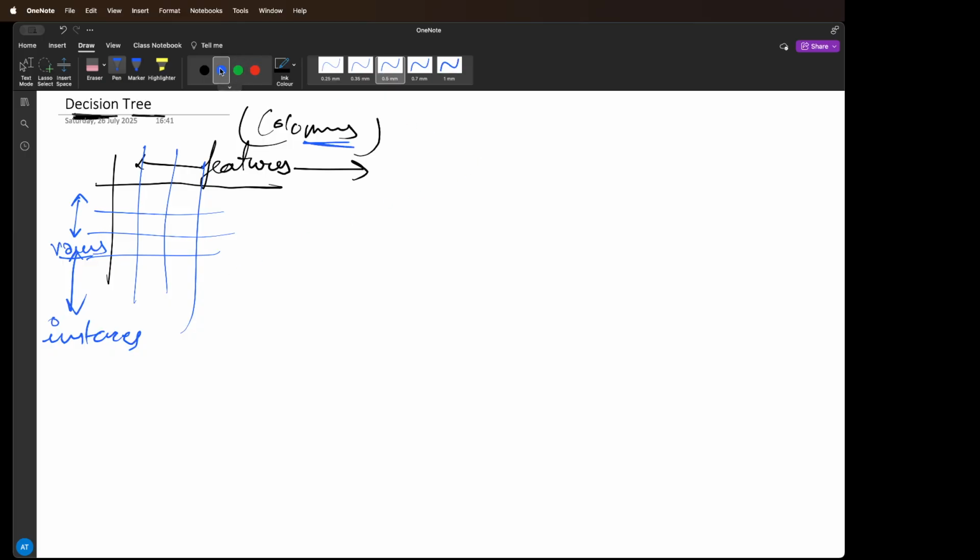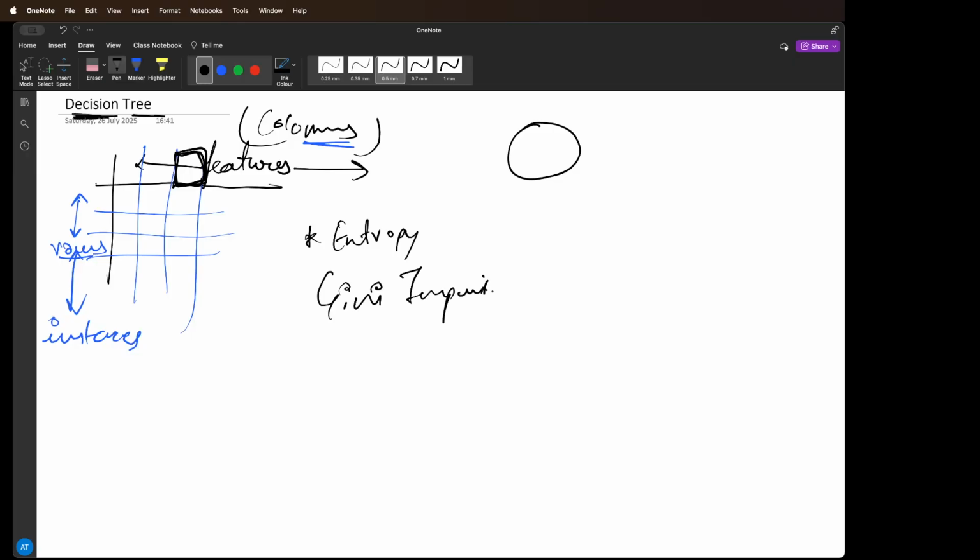What a decision tree actually does, in a nutshell, is that it will take one of the features. Not random, there is a process called entropy, then we have Gini impurity, then we have information gain.